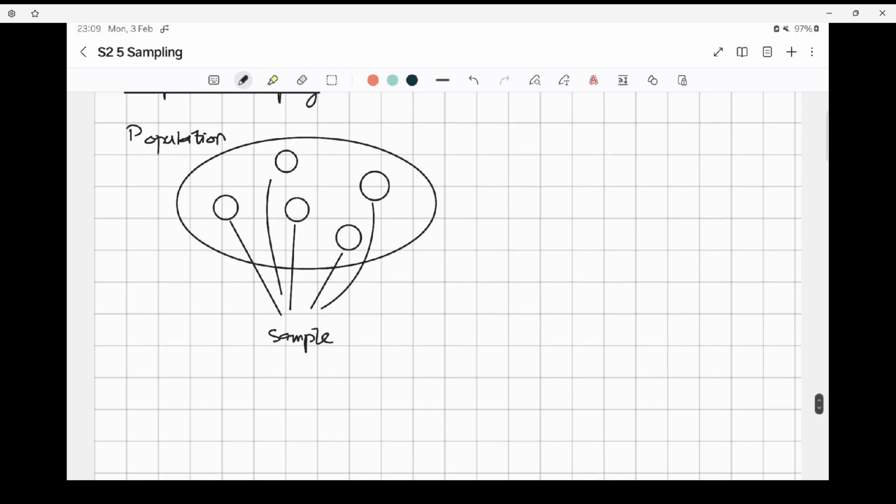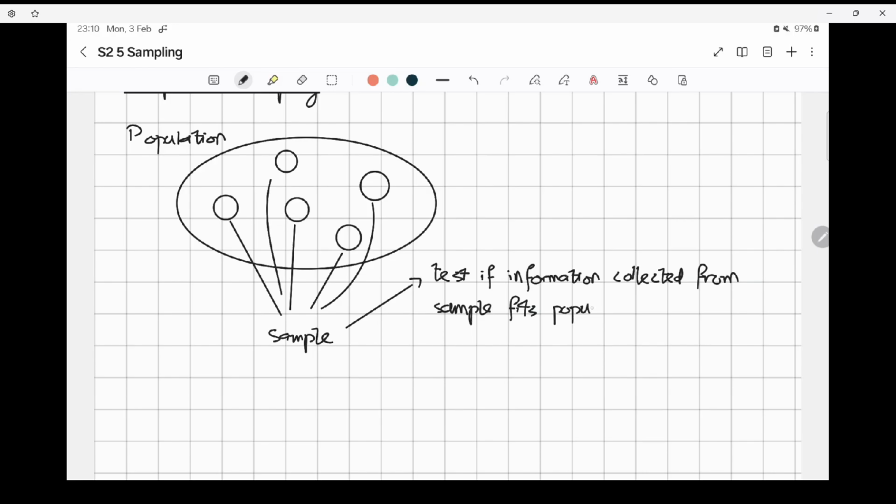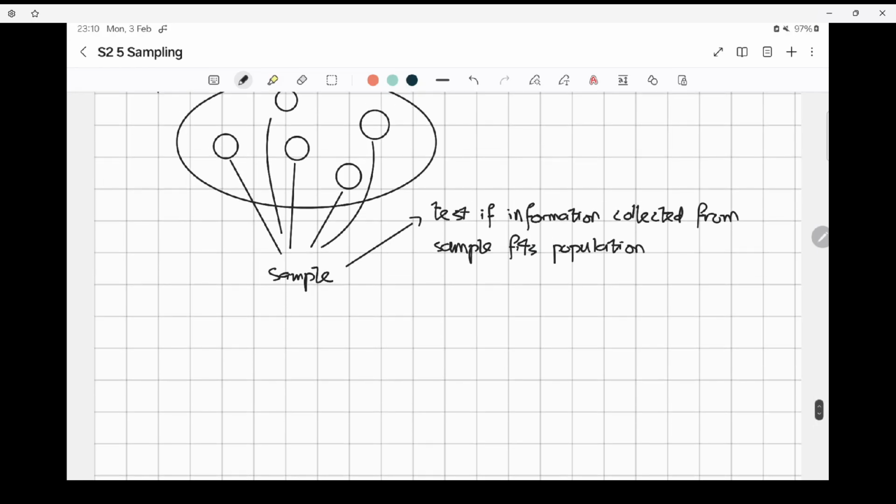Essentially, if your sample is random enough, you want to test if the information collected from the sample actually fits the population parameter or not.